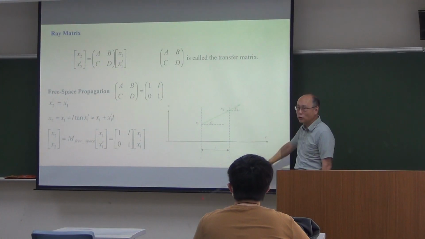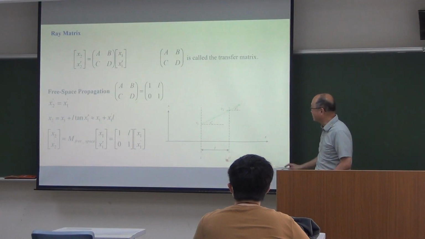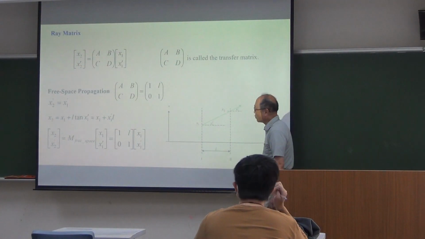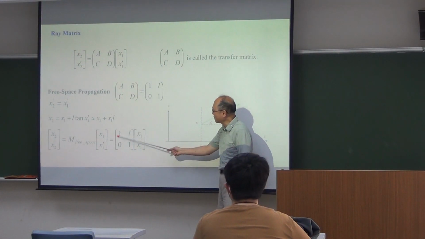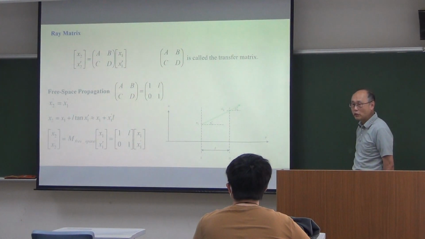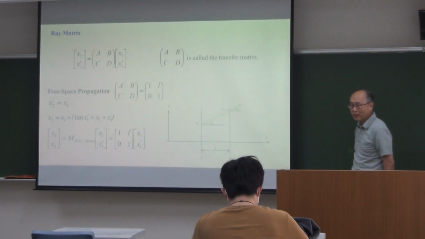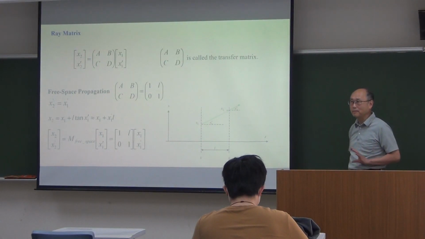Because this is a homogeneous space, the light ray is not going to bend. It's going to be a straight line. So this is the simplest case, but would you be able to catch the concept?